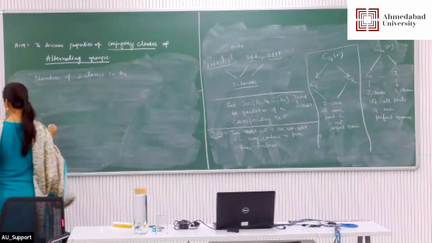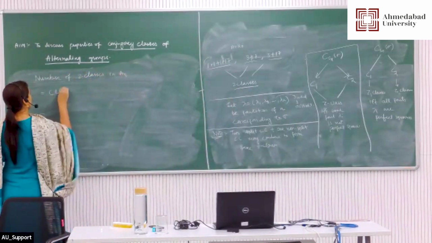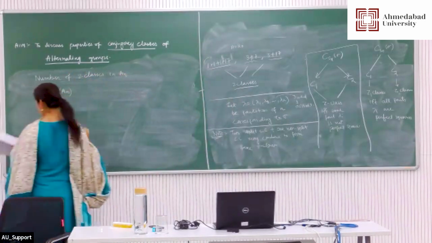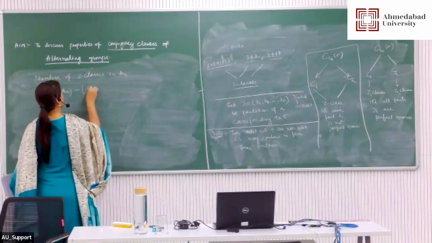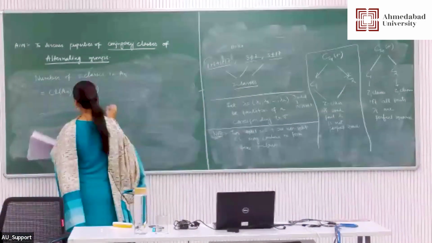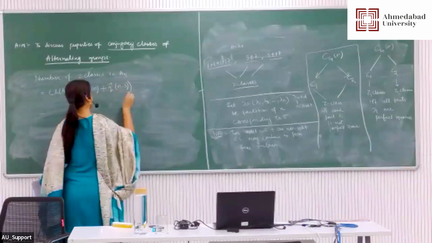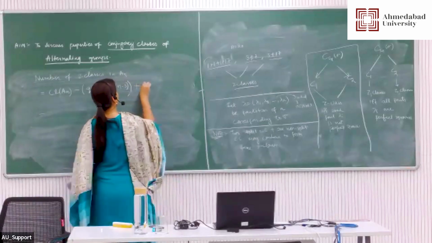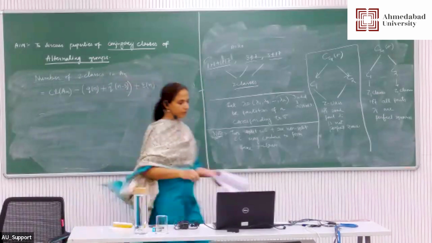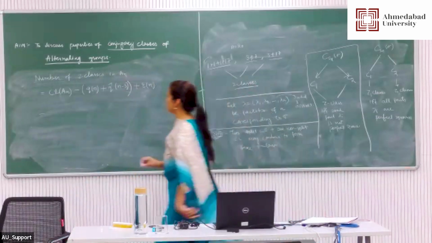The number of G classes in AN is equal to the conjugacy classes in AN minus, I'll tell you what these terms are. Okay, this is the number we have computed.